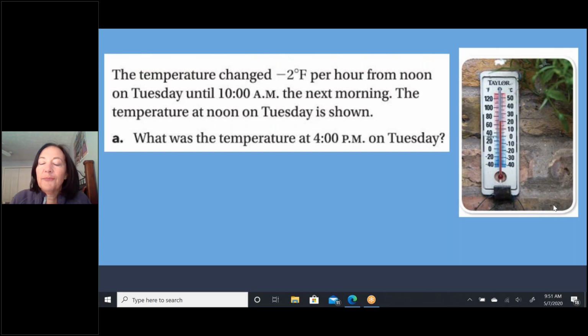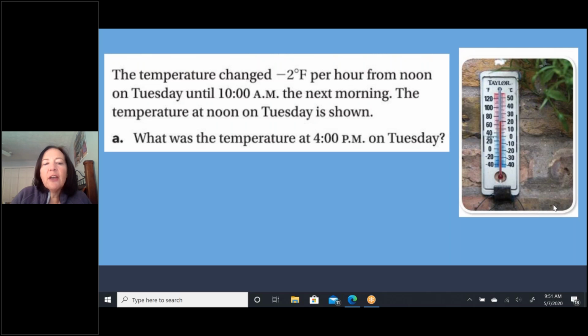I know, it's really small. 20 degrees is correct, and it's a positive 20 degrees. Okay, so now at noon, it was positive 20 degrees.